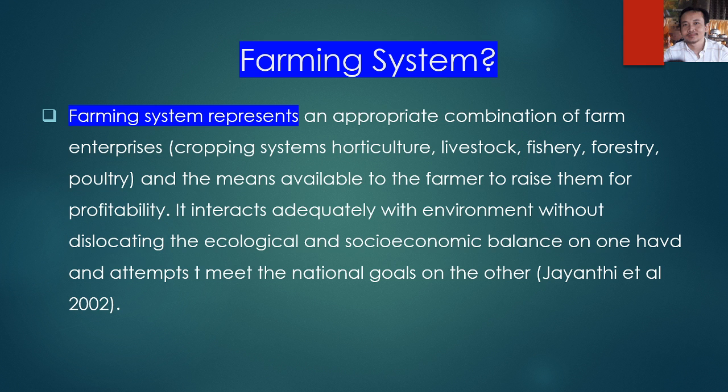This is the farming system, an appropriate combination of farm enterprises such as horticulture, cropping system, livestock, fishery, forestry, poultry, and the means available to the farmer to raise them for profitability and interact adequately with the environment without disconnecting the ecological and socio-economic balance. Okay, now move on to the next slide.